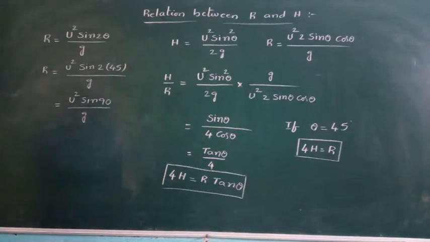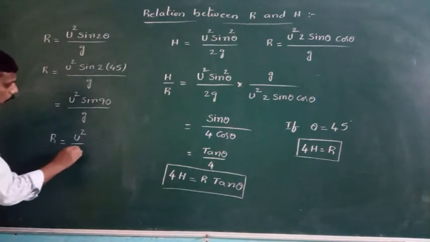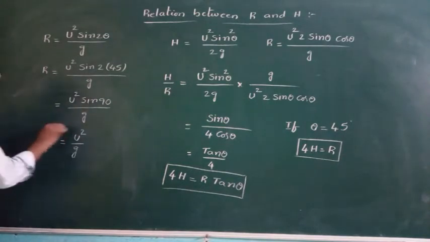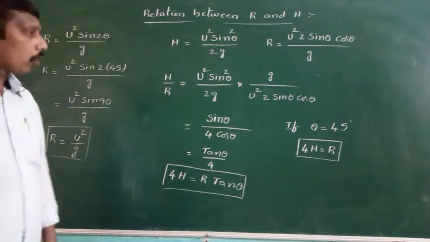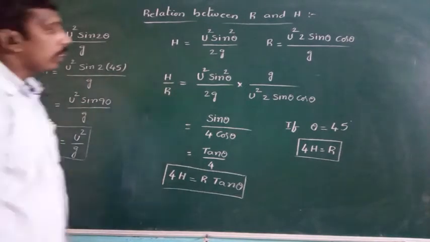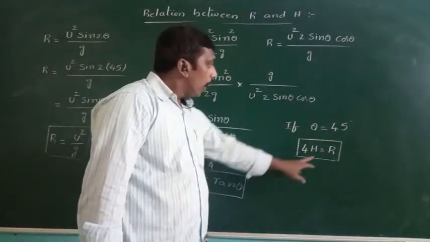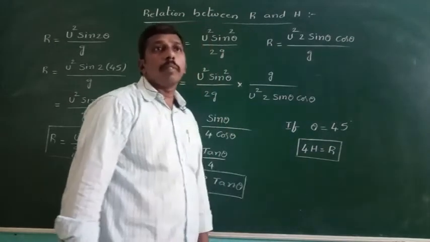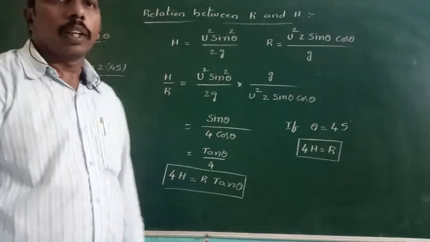So range R is equal to u square by g. So range becomes maximum when theta is equal to 45 degrees. And at that time, range is equal to 4 times the maximum height.